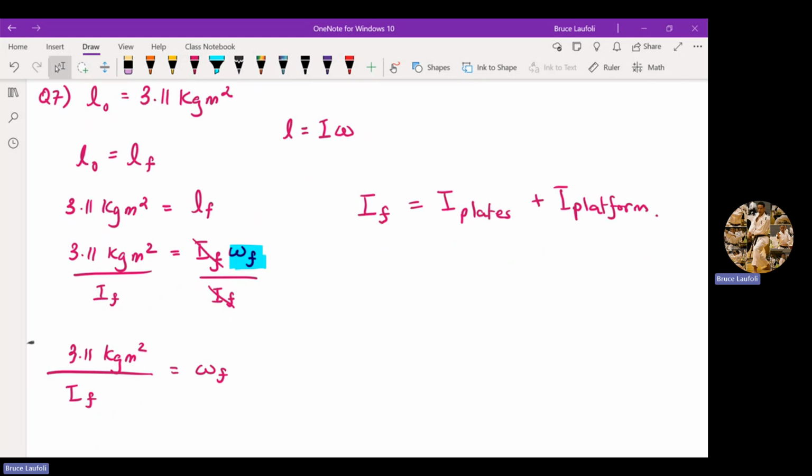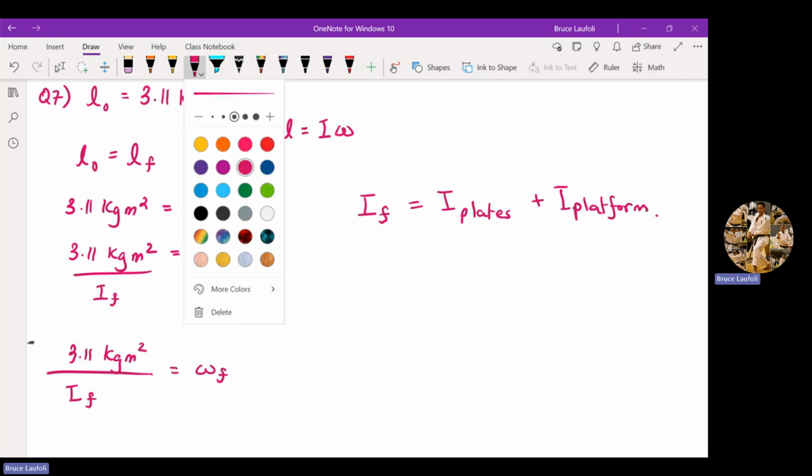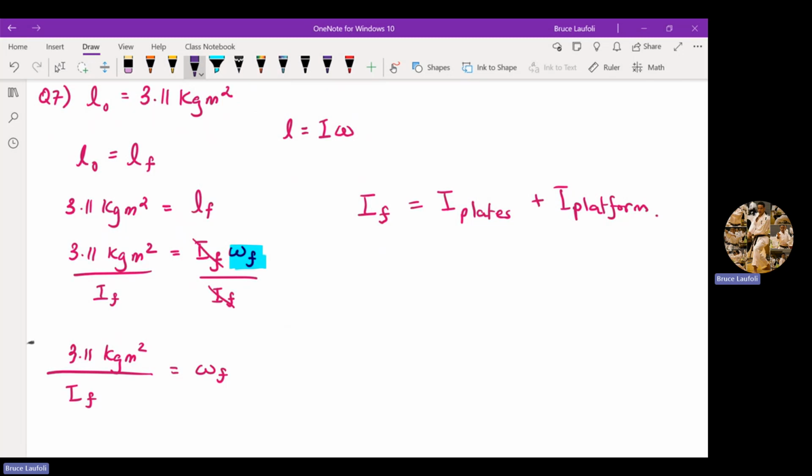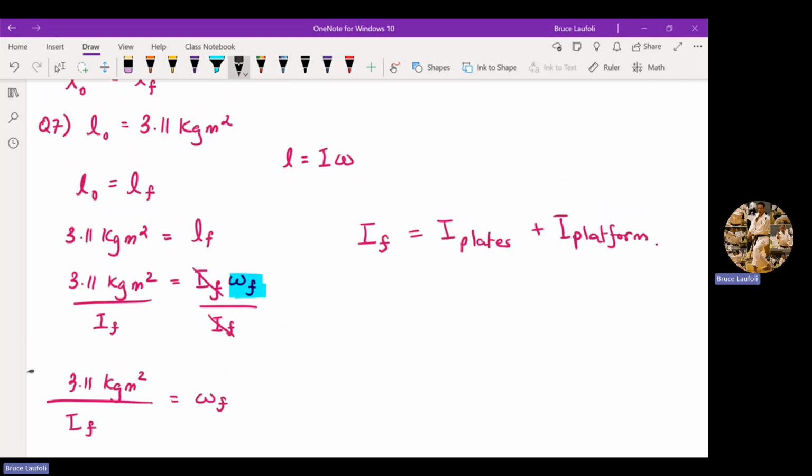Let's start off with the rotational inertia of the plates. Actually, let's draw it out first.